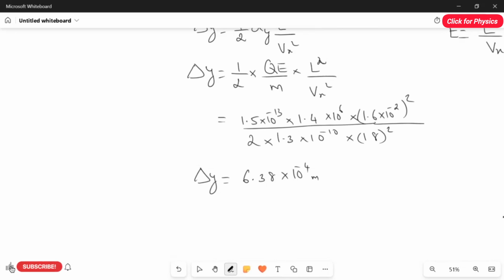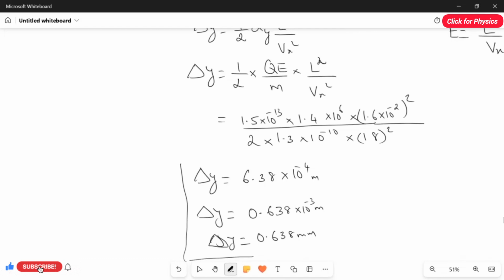If you want to write this value in millimeters, because in the book they gave the answer in millimeters, but you can leave the answer here itself. If you want to convert, it is 0.638 multiplied 10 power minus 3 meter, so 10 to the power of minus 3 is millimeter, so delta y is equal to 0.638 millimeter.